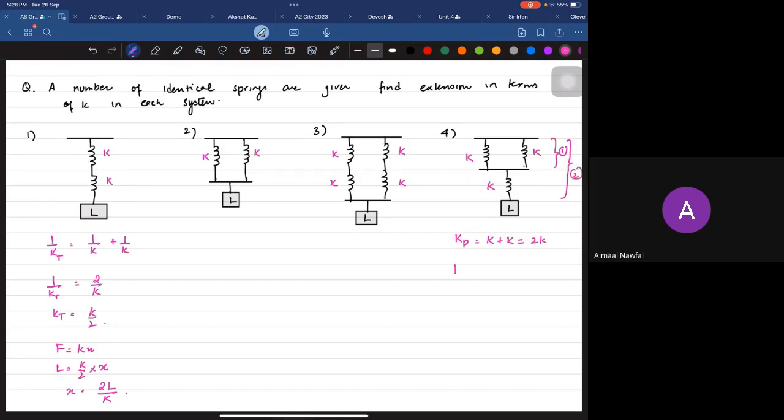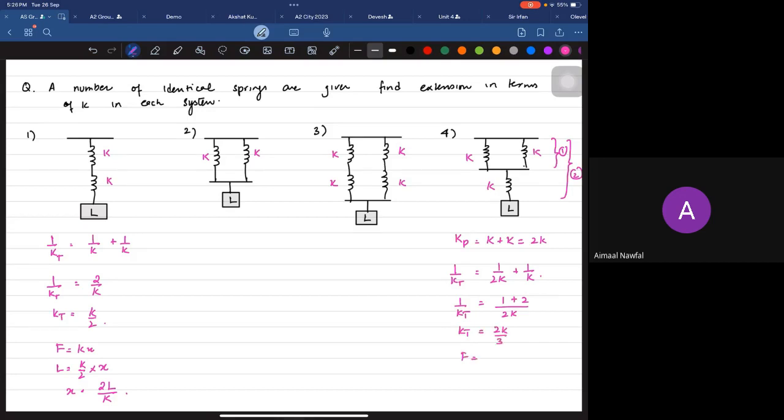So the 1 upon k total, because it's in series, 1 upon 2k plus 1 upon k, like that. So this LCM will be 2k, this will be 1, this will be 2, 1 upon k total. So the k total in this one will be 2k over 3.